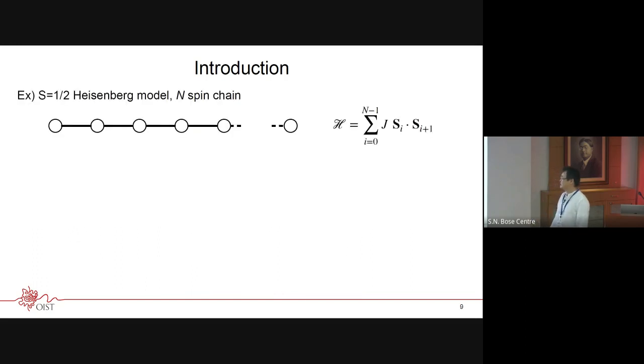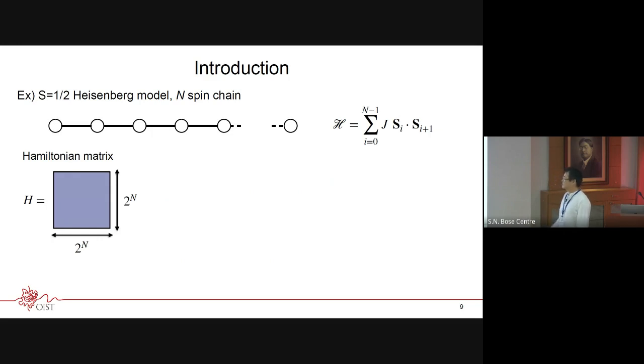But for the n-spin system, for example, that's quite difficult. Let me explain the details. Now that we are dealing with the n-spin system, the number of basis states is 2 to the n, so they are exponentially larger and larger.